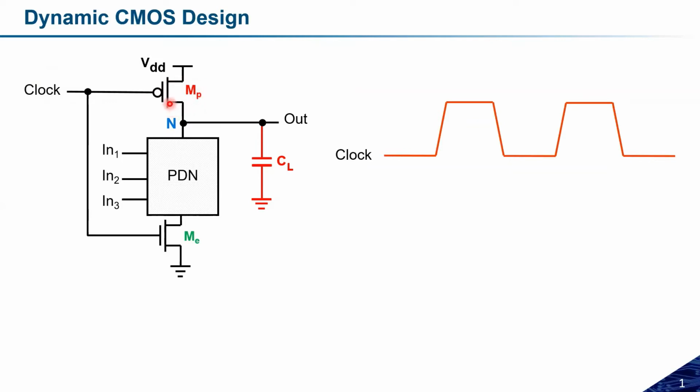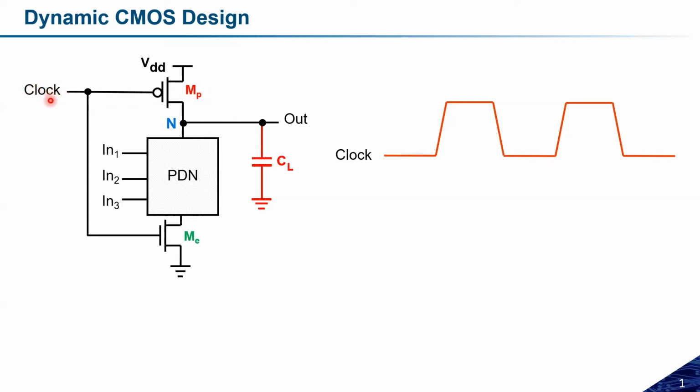So if clock is 0, this transistor MP will be on. And if MP is on, it means this node capacitance will be charged through this transistor MP. So the load capacitance in this node, which we are calling the dynamic node, will be charged through MP when I have provided the clock pulse 0.